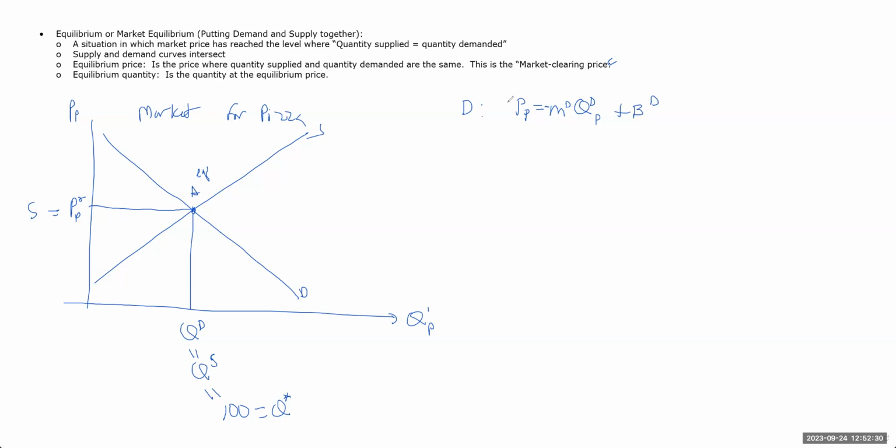And we also have S. This is P_S for pizza, price of pizza supply, is equal to M_S Q_S for pizza plus B_S.